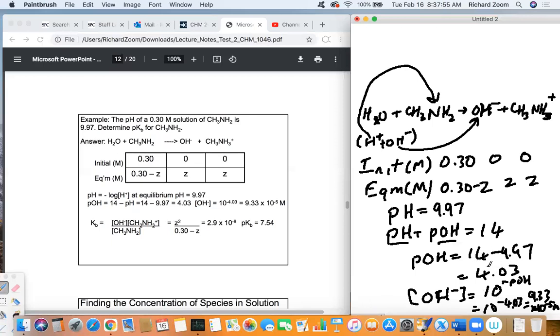Does anybody have any questions? I couldn't just use the pH. I had to find the pOH first, and that's the relationship between pH and pOH. They always add to equal 14.